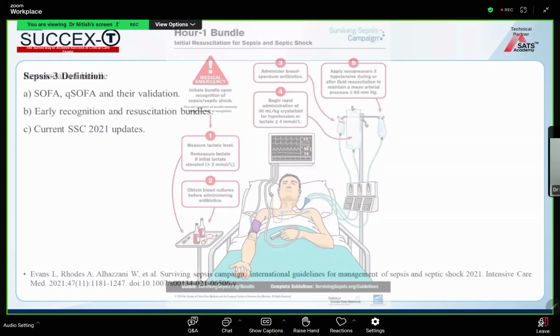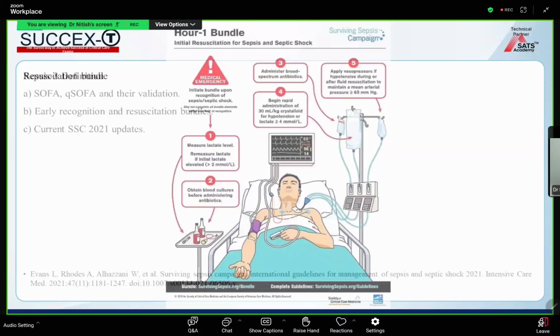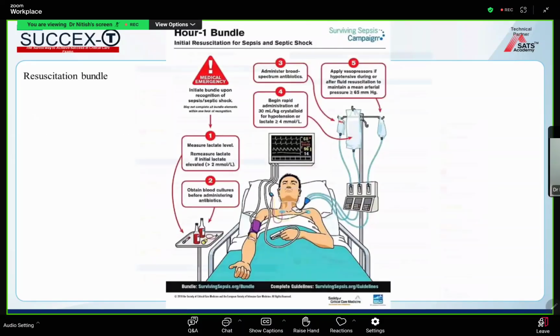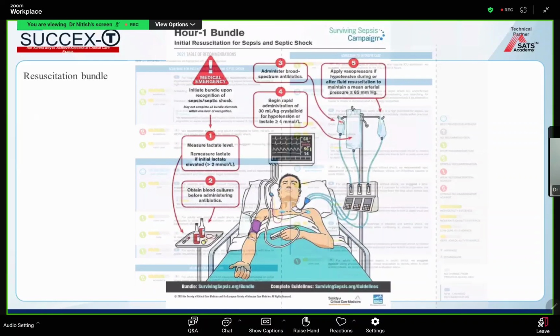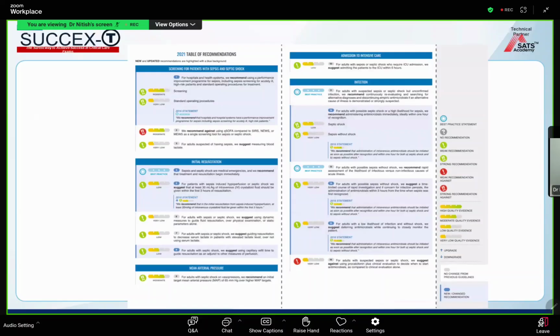It has about 93 recommendations along with the level of recommendations and the level of evidence. This will be the pattern that you will see in the guidelines per se, so you can slowly go through it. The guideline also gives you the explanation for why they have recommended the following advice. But out of this, I'll be discussing a few important ones.